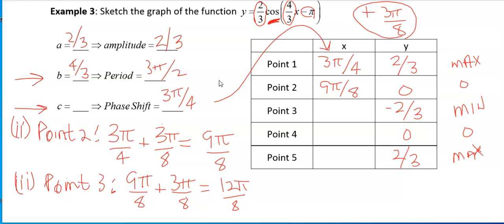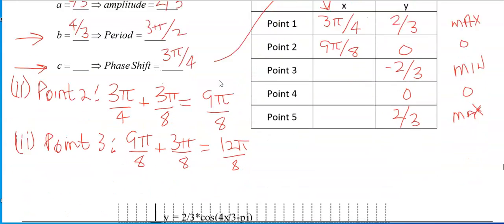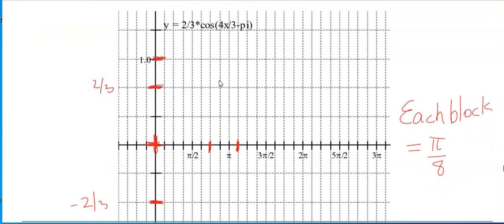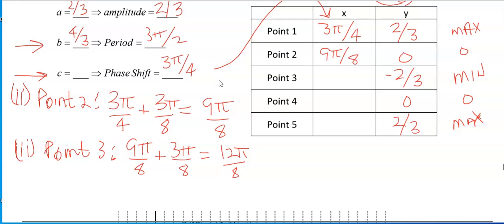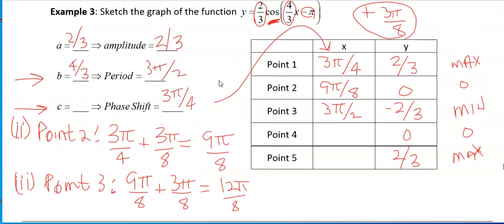Now if you wanted to put that in for your x value for point number 3, you go right ahead. Because that tells me that down here in my graph, I'm going to have to start at the origin and go 12 blocks to the right. And that should take me right up to 3 pi over 2, shouldn't it? Well, you reduce 12 pi over 8, divide them both by 4, and by golly, you're going to get 3 pi over 2. Or like I say, you can leave it 12 pi over 8.